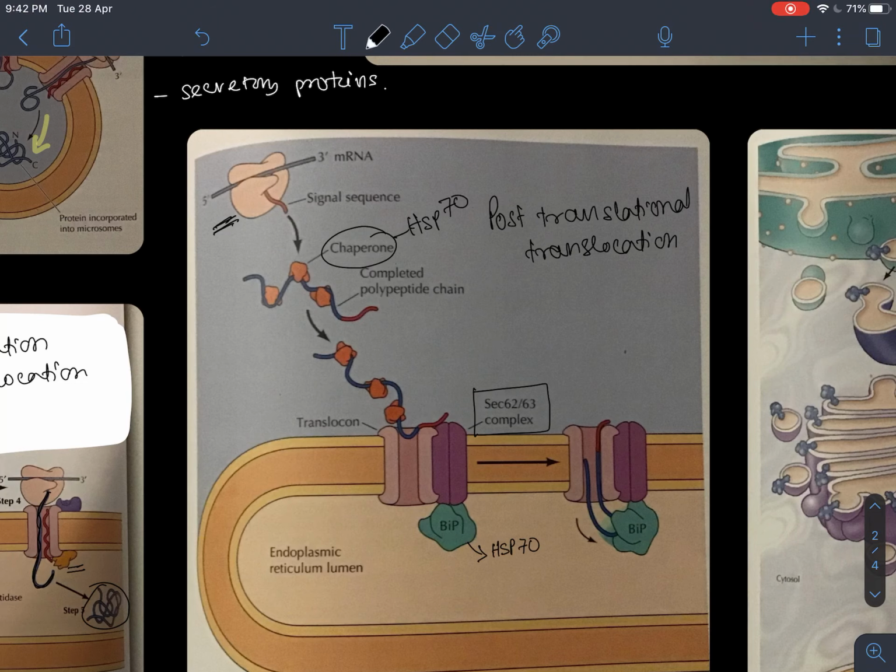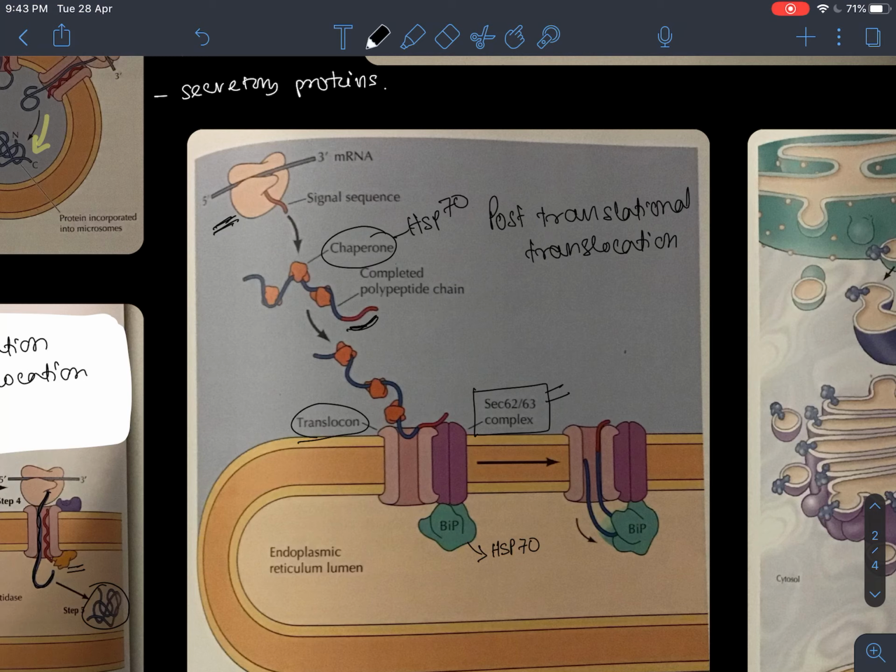These proteins also have their own signal sequence, and it is recognized by the Sec62-63 complex, which is associated with the translocon of the endoplasmic reticulum membrane. This is the translocon and this is the Sec62-63 complex.